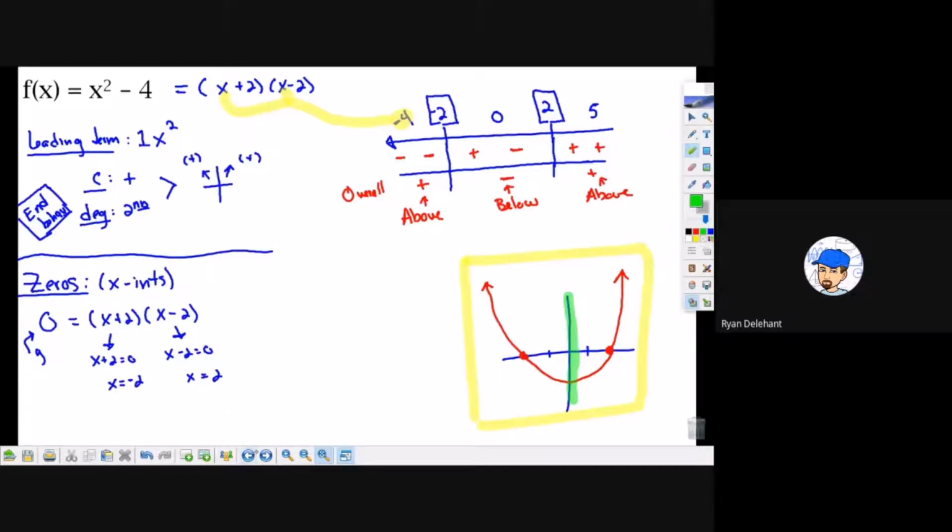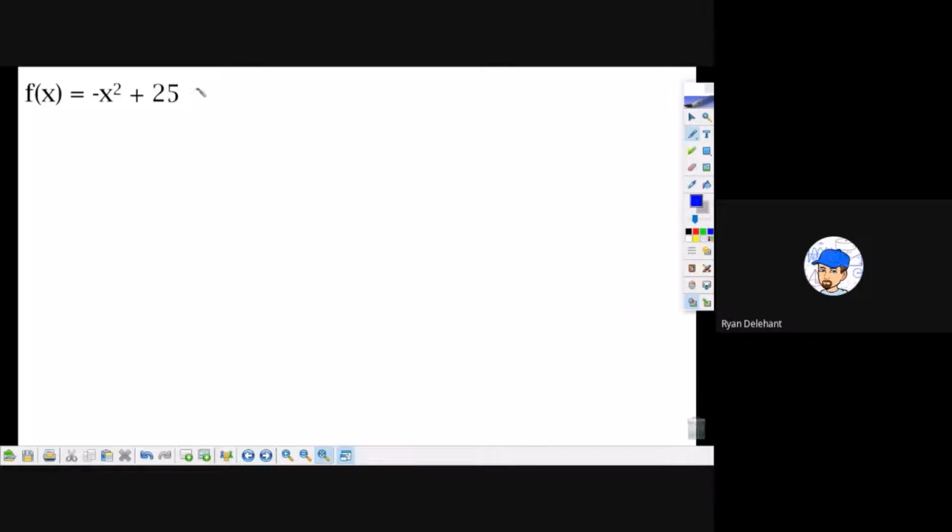Let's try the second one, see how we do. So we already factored this. This was negative x minus 5, x plus 5. Now I'll multiply it out. We talk about the lead coefficient, or the lead term, right?